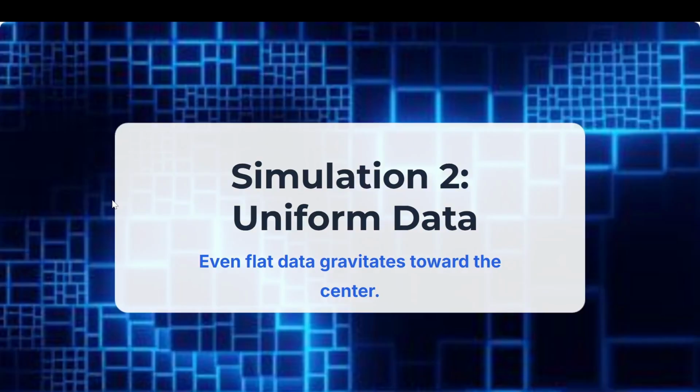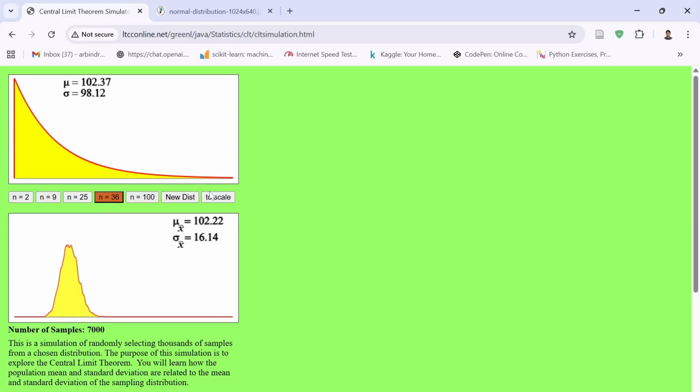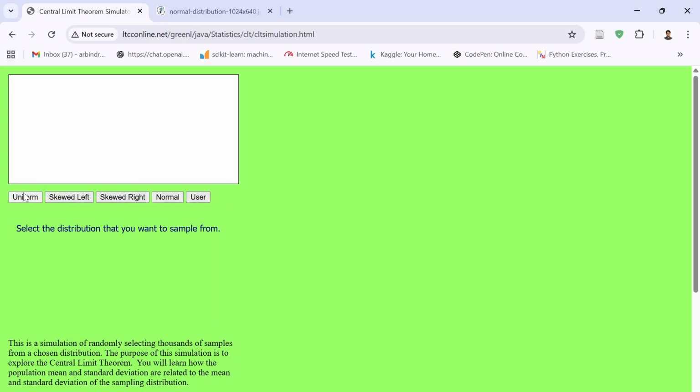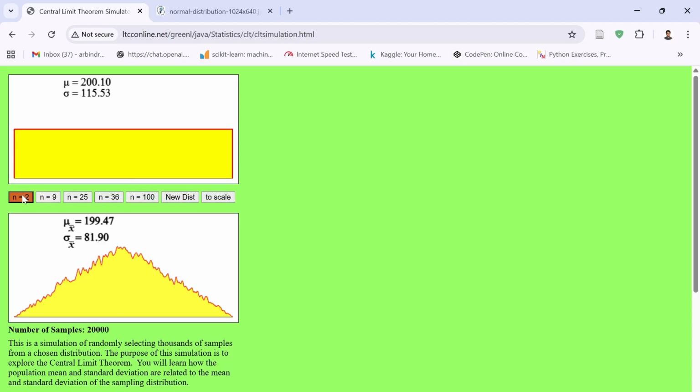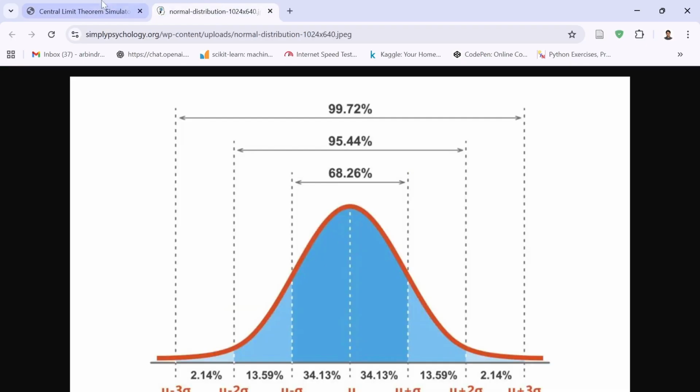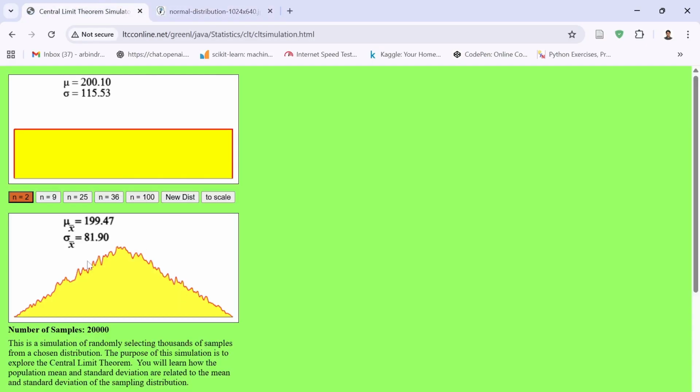Again, let's see if the central limit theorem holds true with other distributions, for example the uniform distribution, which is a very flat distribution. If we take only two samples, the newly formed distribution of their means is not quite a normal distribution.